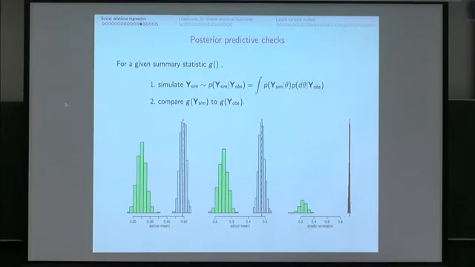What we see is that the social relations regression model really nails the observed values of the statistics. And so this model is able to represent the network in terms of these particular features.